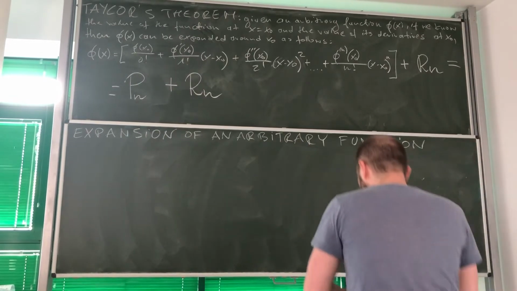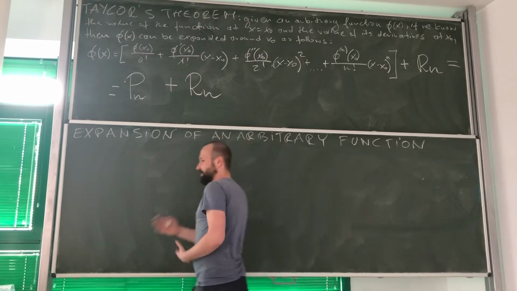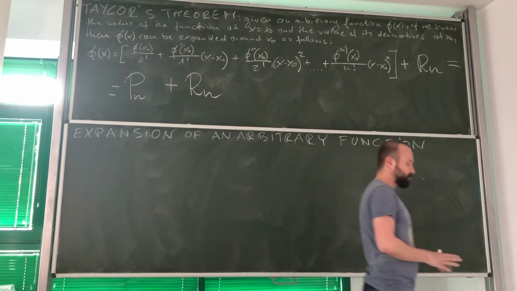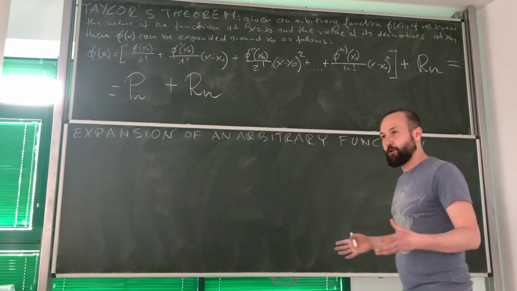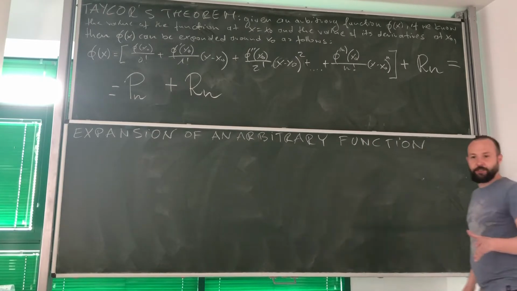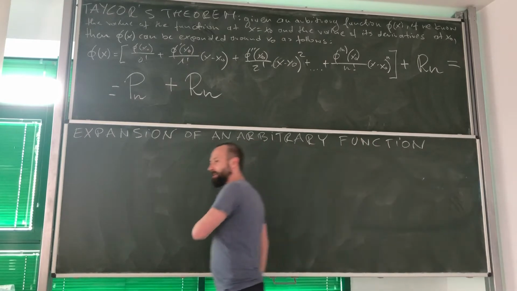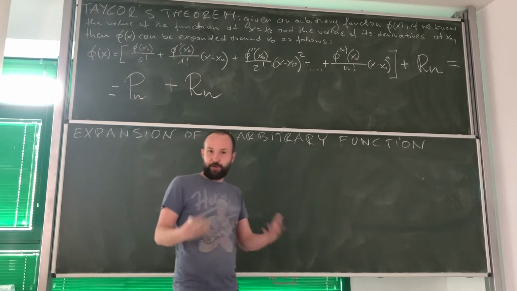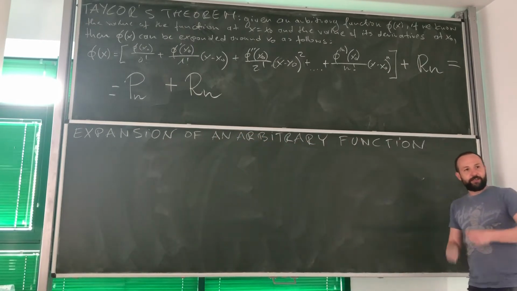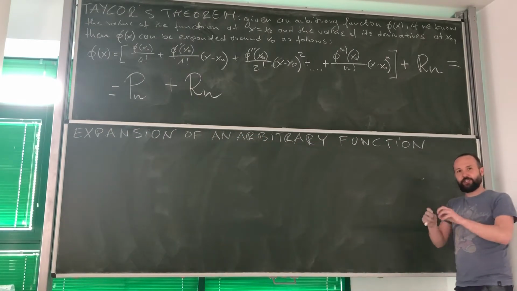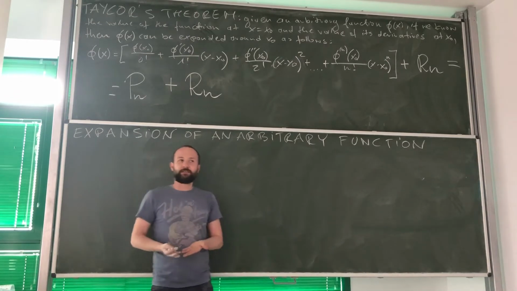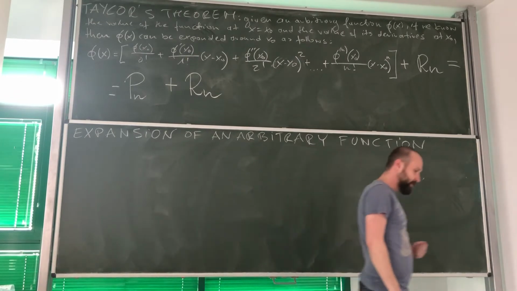Hi, in the last two videos, we went first through Maclaurin series, which allowed us to transform a polynomial function into an equivalent expression, and we learned that we could expand this function from a point 0 and write it in a different form.